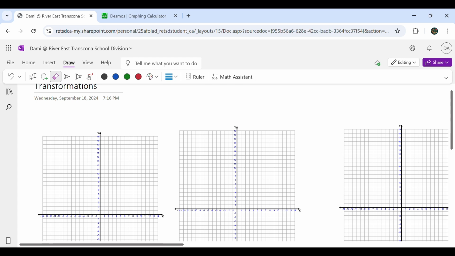Okay, now that we have some refreshers, let's look at some graphs. Okay, so (x minus 3) squared plus 2.